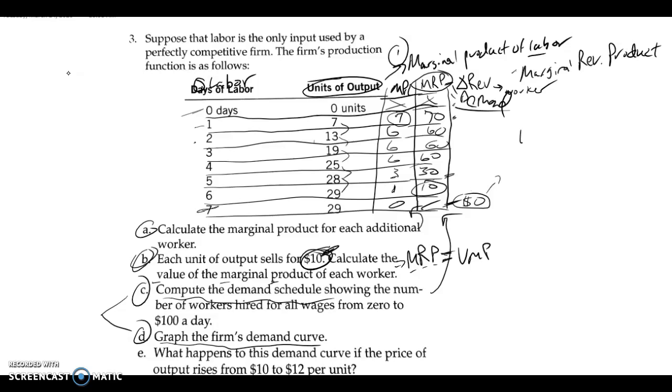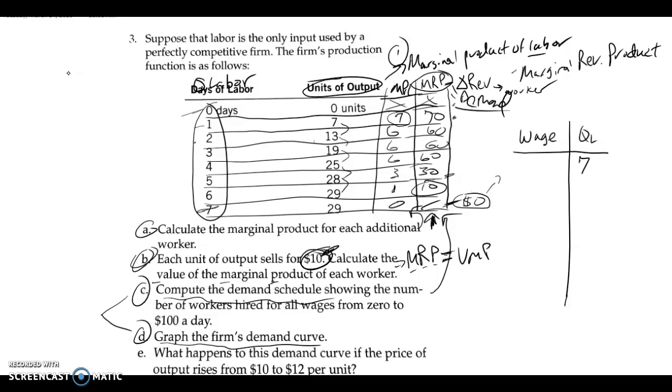For a demand schedule for workers, we need wage as a column, and then the quantity of labor that we demand at that wage as a column. We'll use the numbers that we have here. So let's start with a quantity of labor of 7.